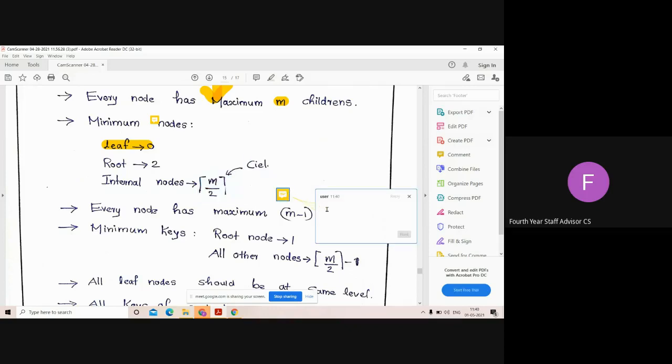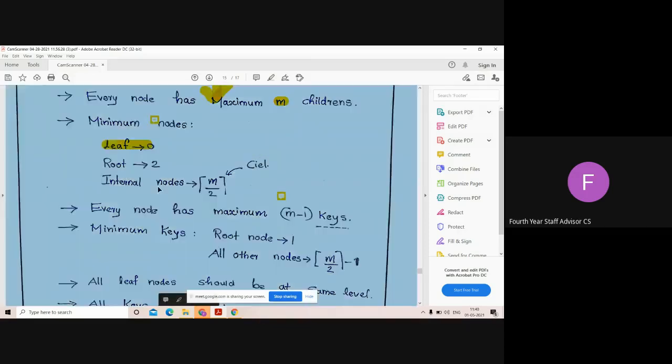For example, suppose m is 7, then 7 by 2 is equal to 3.5. After applying the ceil function, it will be 4. In this way, the ceil function is used.